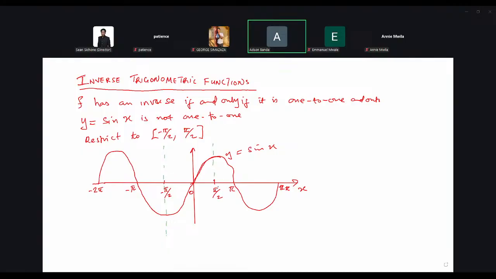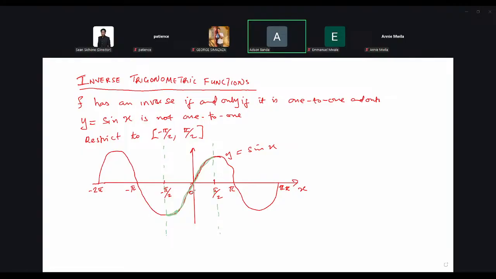So just put these dotted lines. So our interest now will be this function that we have here. So that is the function that we are going to work with in this particular domain.